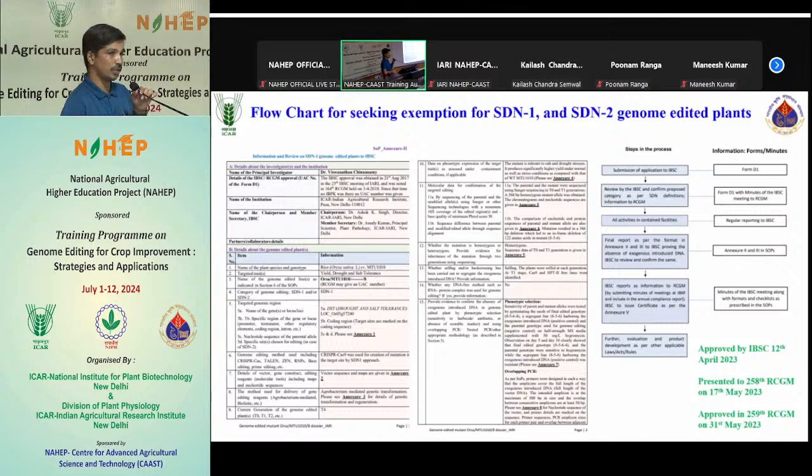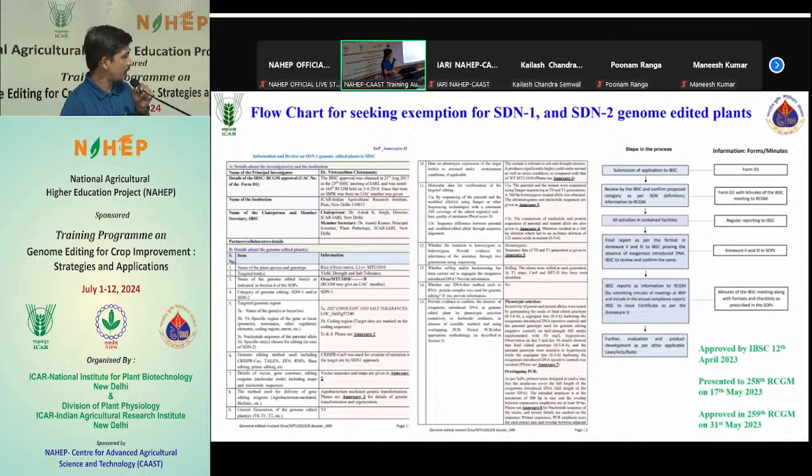I am working on one gene in rice, a drought and salt tolerance gene. It's a zinc finger transcription factor, a negative regulator of drought and salt tolerance. We made some Cas9-free lines in this background with the desirable mutation. As I told, in 2017 we had already submitted this to IBSC for the proposal.